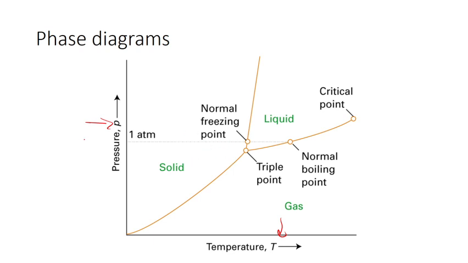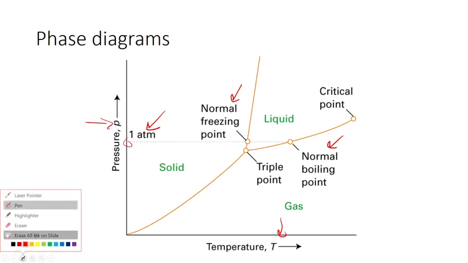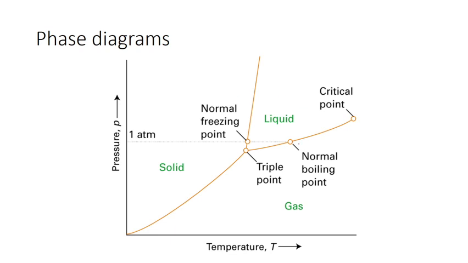There is something listed on here at 1 atmosphere, standard atmospheric pressure, that is where the normal melting and normal boiling point are. So in this case, normal just means at 1 atmosphere. But things can exist at any set of pressures and temperatures, and they will have a certain state.